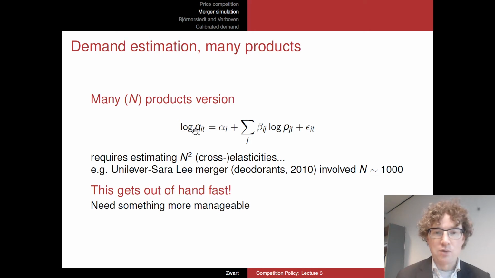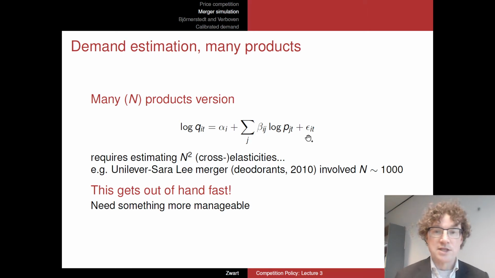We'll have quantities for each of these products, for each t, each day if you wish, or each month, which will depend on some alpha i, and here the beta ij will consist of all those own price but also cross price elasticities of demand, and again there will be these epsilons over here. So why not just estimate that?